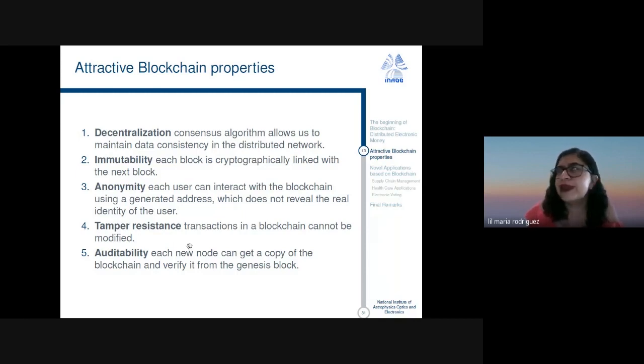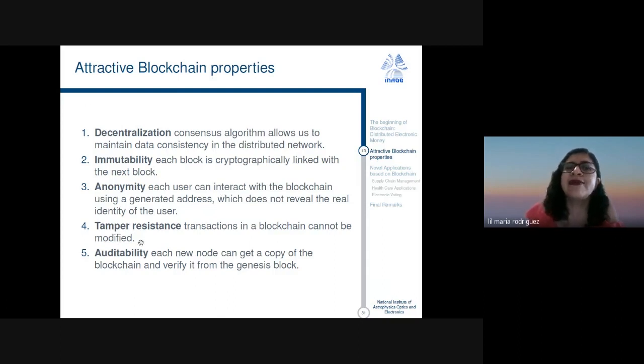We have tamper resistance. As we have said, transactions in a blockchain cannot be modified. And we have also auditability. Each new node that is part of the network can get a copy of the blockchain and verify it from the Genesis block if this node wants.